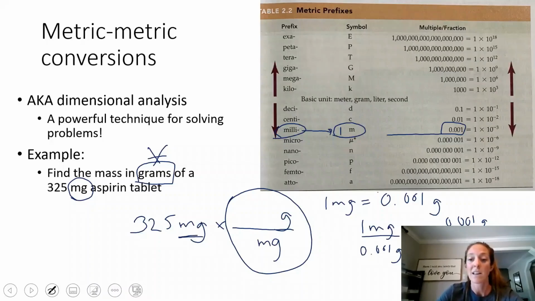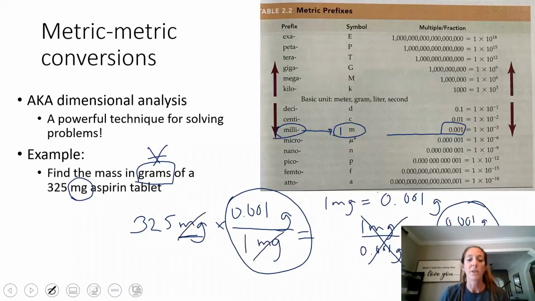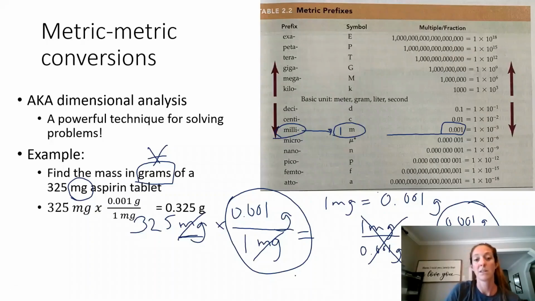So I need the conversion factor that has grams on top and milligrams on the bottom, which would be this one. So I'm going to use 0.001 grams over 1 milligram. Milligrams and milligrams will cancel. So when I do 325 times 0.001, you should get 0.325 grams. Okay, and that would be my answer.